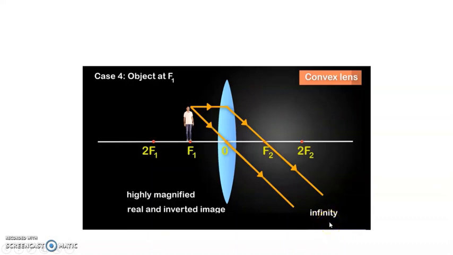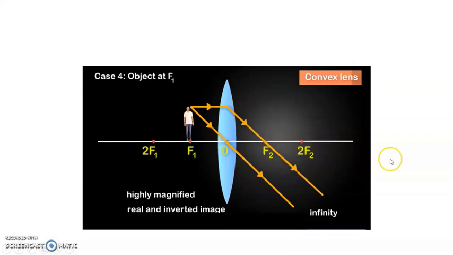Okay, but you don't expect to find such a scenario in O level, so this is just there for appreciation, right? So this will have a highly magnified image being produced from the object, and then that image will be real and inverted. Okay, it will be real and inverted.